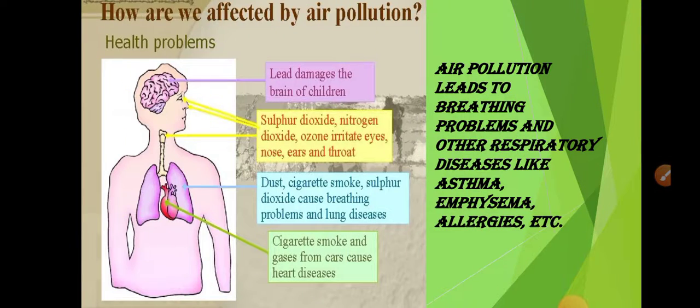So the first you can see here is the effect of air pollution. This was also the first type of pollution that we had discussed in our classes, right? Air pollution has a lot of effect on our health. The brain of children is damaged.